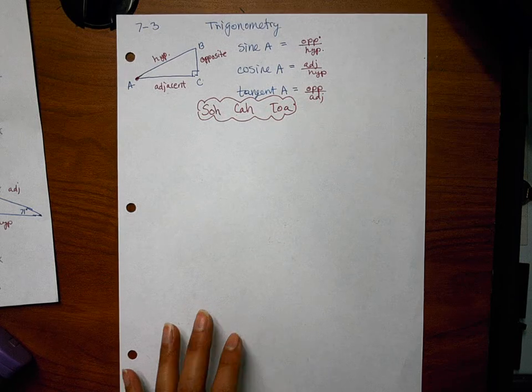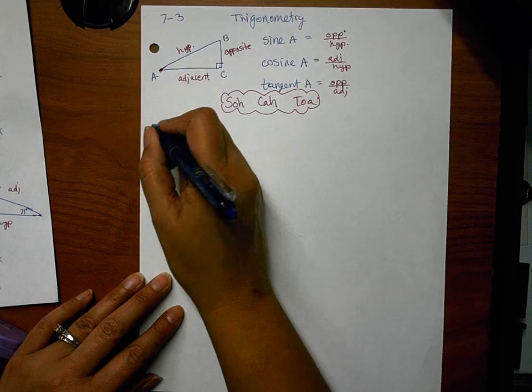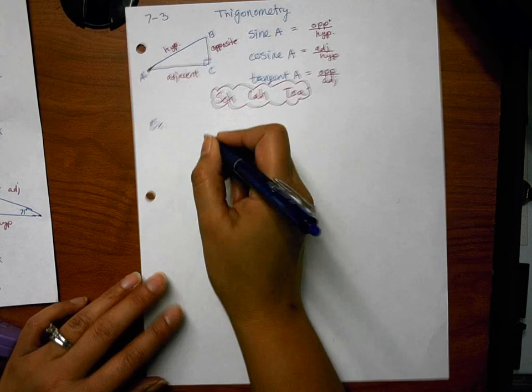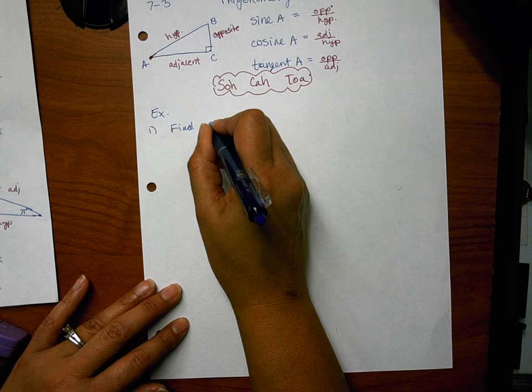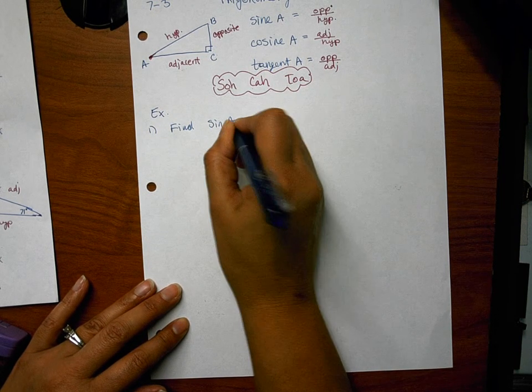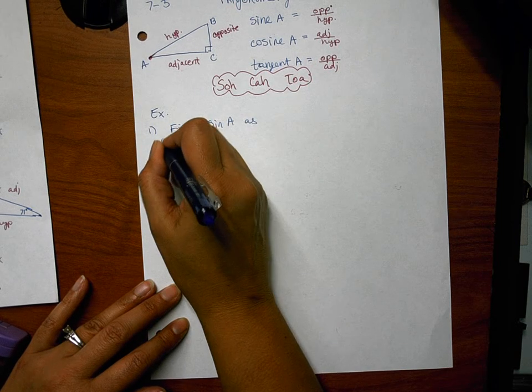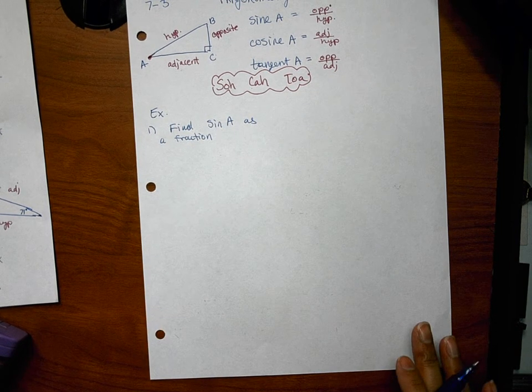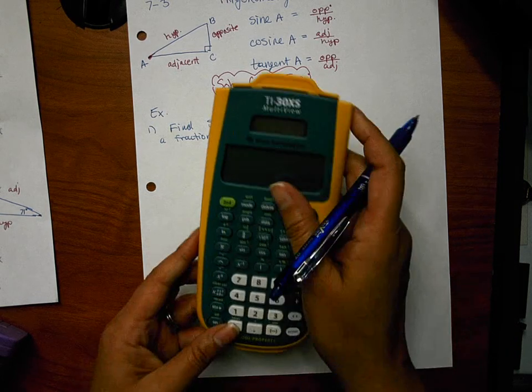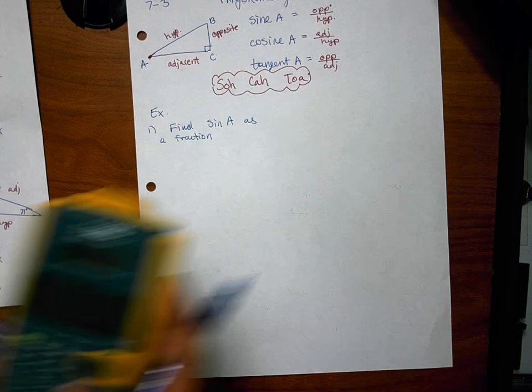Okay, moving along. I'm going to try some examples. Number 1, find sine of A as a fraction. And I did forget to say earlier, so if you don't have it with you, hit pause and grab your scientific calculator. You will need one on this lesson.